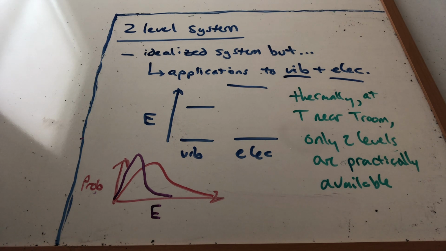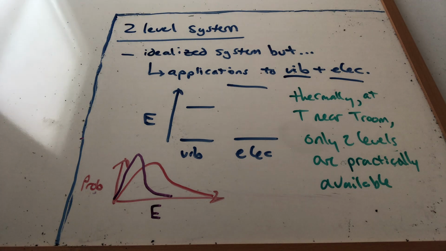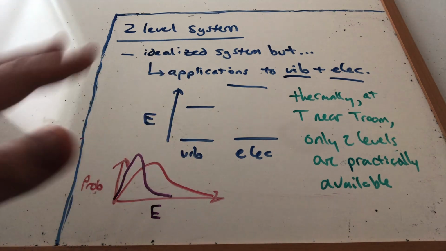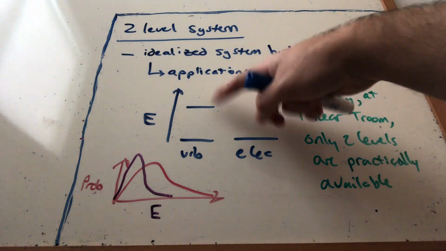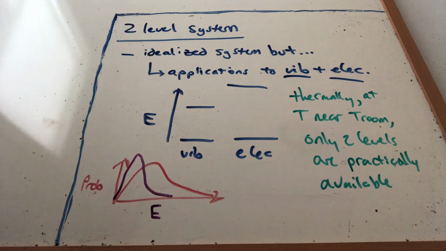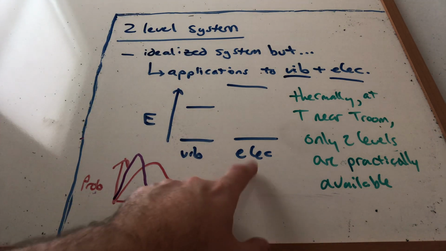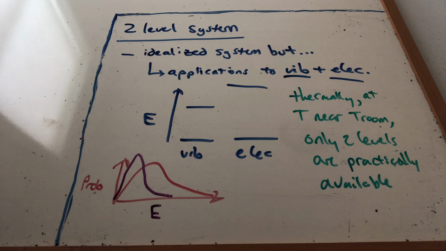Okay, so if we think about temperatures near room temp, what we like to say is that for vibrations, most molecules are in their vibrational ground state. For electronic transitions, nearly all, even more so than vibrations, and we kind of see that because of this energy gap, but we'll make those connections in a bit. Nearly all molecules, unperturbed, just at room temperature, are in their electronic ground state.